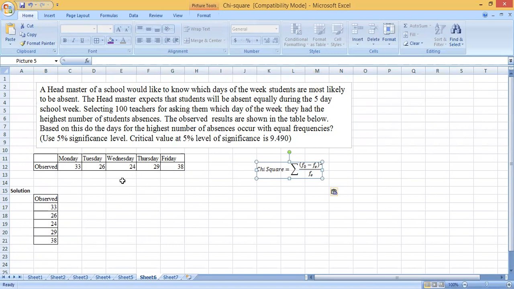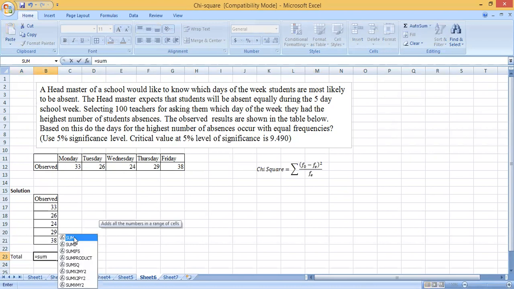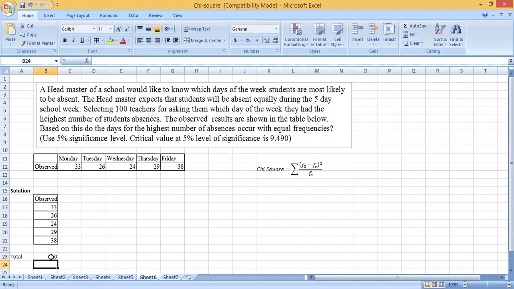The observed numbers, the total observed numbers, total is equal to sum, 150.